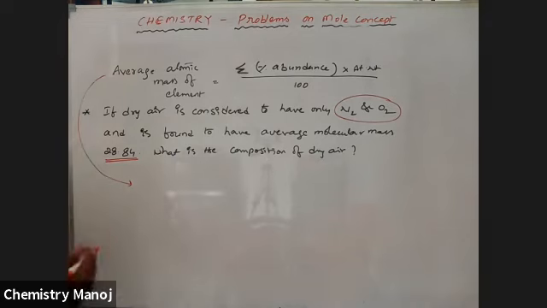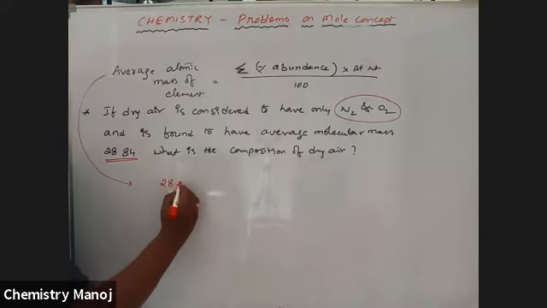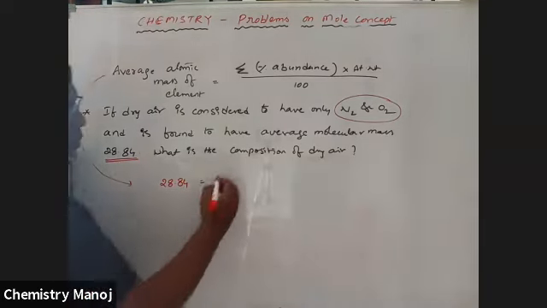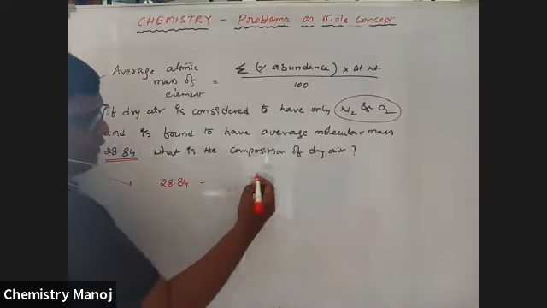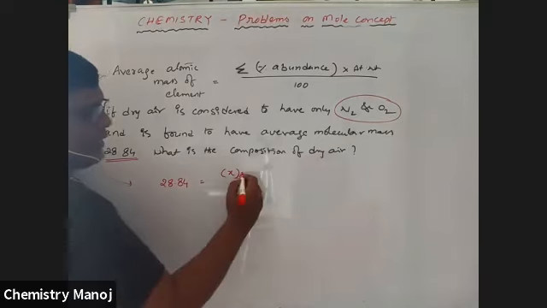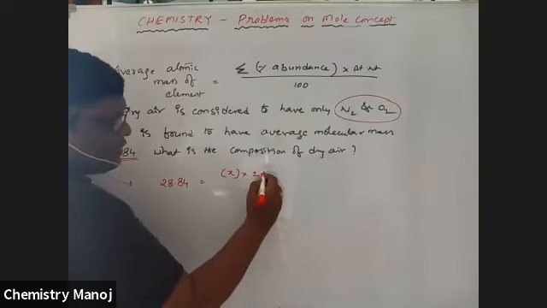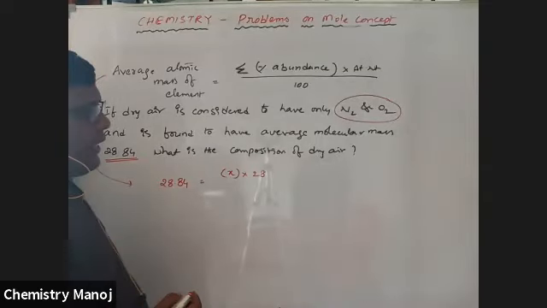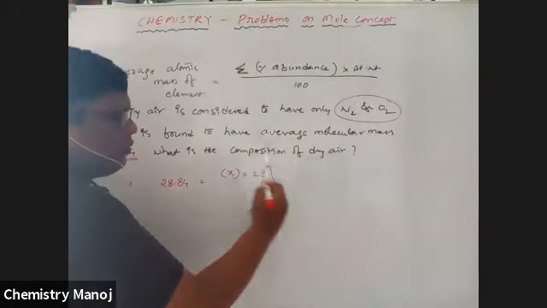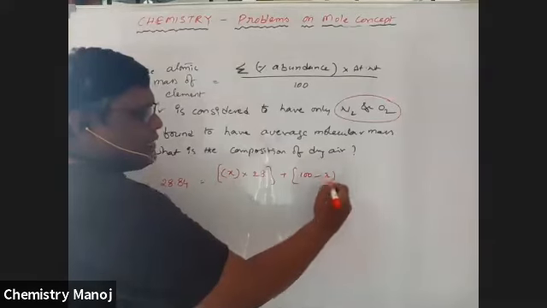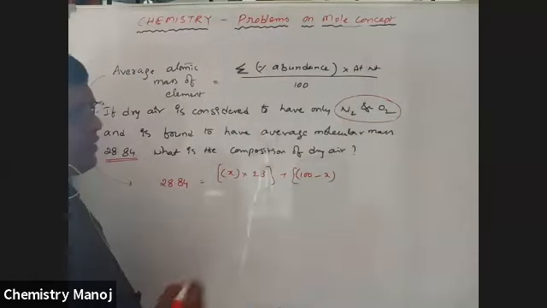So, average molecular mass, which is equal to 28.84, is equal to the percentage abundance of the first component. Let N2 be the first component, and let X be the percentage abundance of N2, and its molecular mass is 28, since each nitrogen has 14, 14 plus 14 is 28. Plus, the total percentage is 100, so the remaining 100 minus X is the percentage abundance of O2.